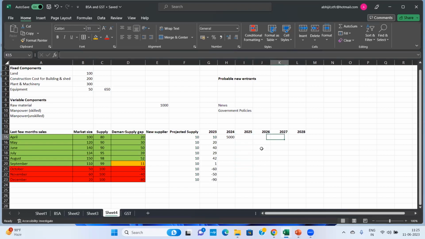Am I correct or not? Price will change, definitely. If there are a lot of suppliers, price is bound to drop. So do you think anybody will purchase at this point, this red zone? Your supply is more than your demand.